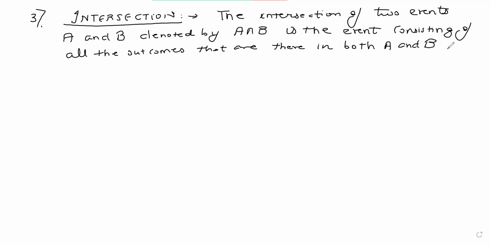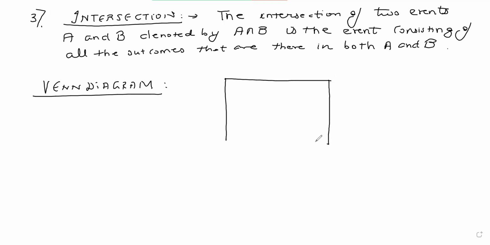So again, a Venn diagram makes it even more clear. Again, I draw the sample space, which is delta. This is event A. This is event B. Now, what are the outcomes which lie purely in both A and B? It's nothing but this area.